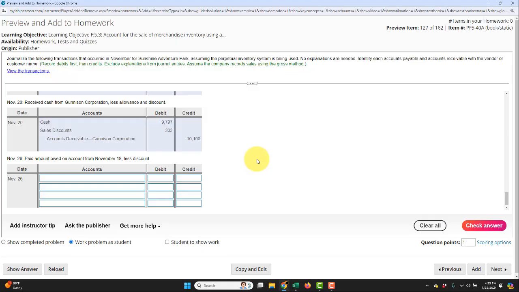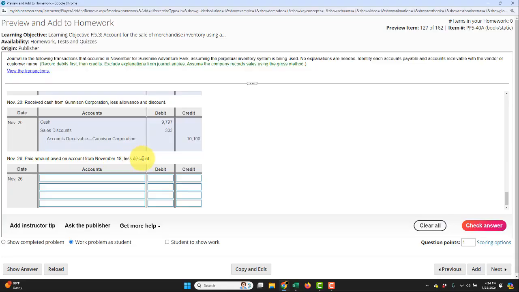Sales discounts is also a contra account to revenue. So when we calculate net revenue, we will account for the discounts that the customers took, the returns, and the allowances. So we'll have that gross sales revenue, and then we'll subtract those three things to give us a net sales revenue.